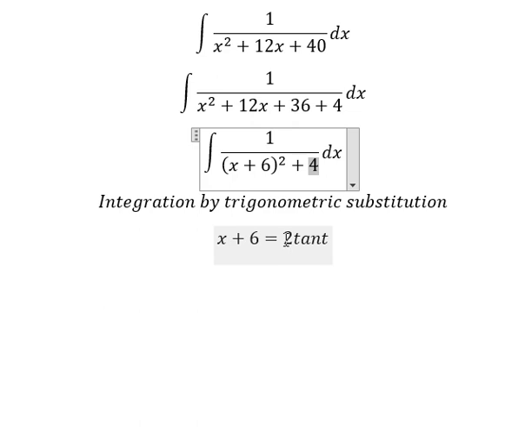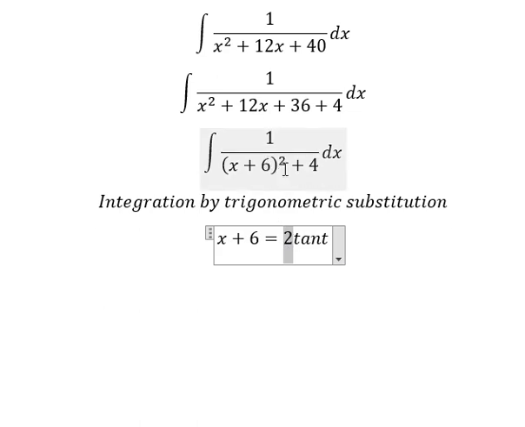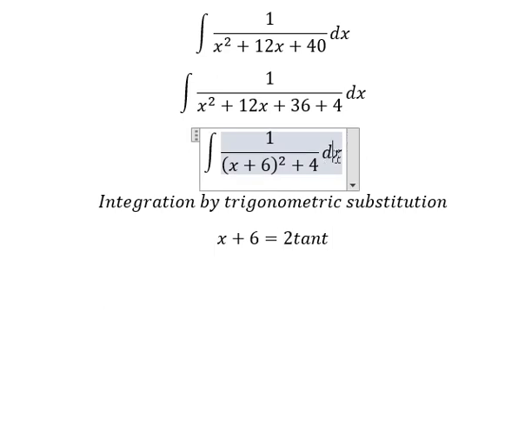Number 4, we can do factorization. Tan t square plus 1, we change for secant of t square, and later that we simplify by ds.